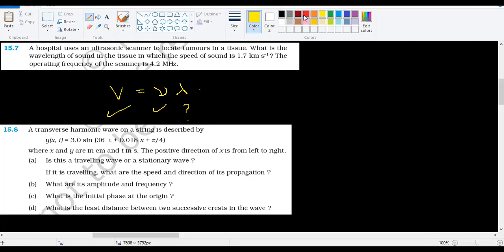So you know that this is ωt, this is kx, this is the initial phase angle φ, and this is the amplitude A. x and y are in centimeters, t is in seconds. The positive direction of x is from left to right. Is this a traveling wave or a stationary wave?